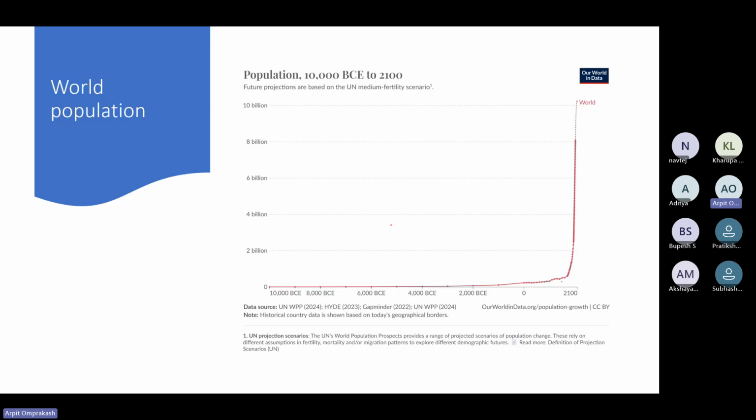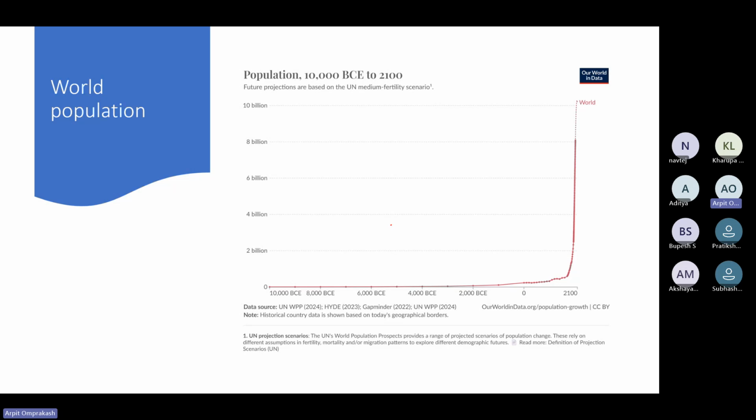Then somewhere around the Industrial Revolution, things started getting better. We had better medicine, better equipment, better jobs for people. More people were getting more money to sustain their life and things like that. So eventually, people started reproducing, and the population started shooting up.